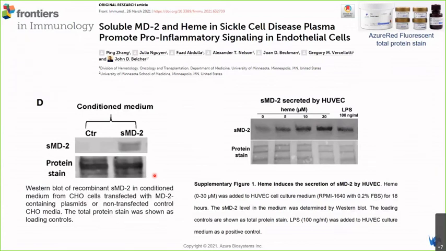Instead of showing one band, of course it's showing one band here, but it's actually a pattern of three or more bands. This is how you present the data in the scientific paper. In the figure legend, you can just mention that the total protein stain was shown as a loading control. That's it. It's just replacing the housekeeping protein image as in your usual practice.